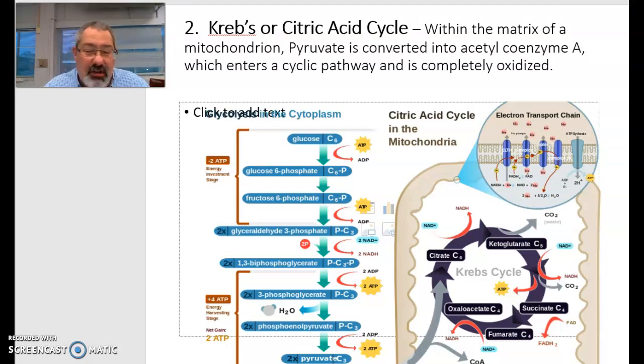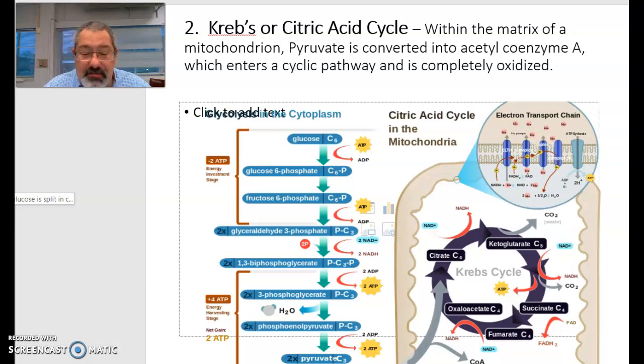Then this acetyl coenzyme A will bond to oxaloacetate to form citric acid or citrate. So the first formed molecule in this cycle is citrate or citric acid.